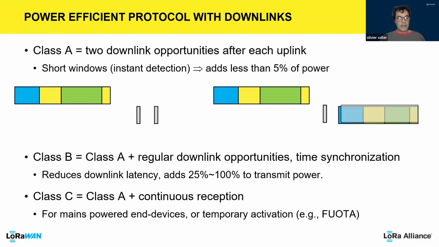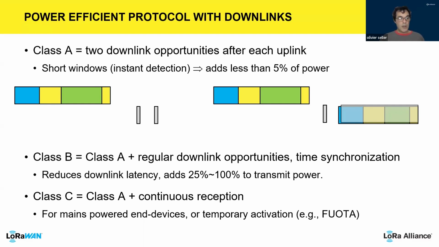In addition to that, of course the limitation of class A is that the latency of the downlink is unknown, unpredictable. It depends on the end device sending an uplink. So if the end device doesn't send an uplink, you cannot reach it in the downlink. So to solve that limitation against additional power consumption, we have designed class B and class C. So class B is class A plus regular downlink opportunities thanks to time synchronization.